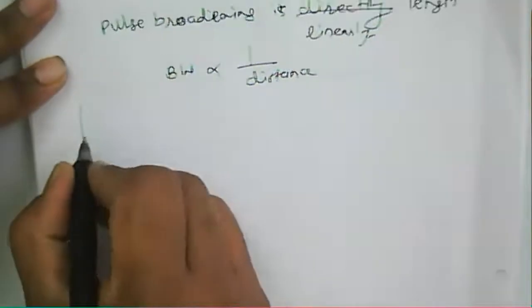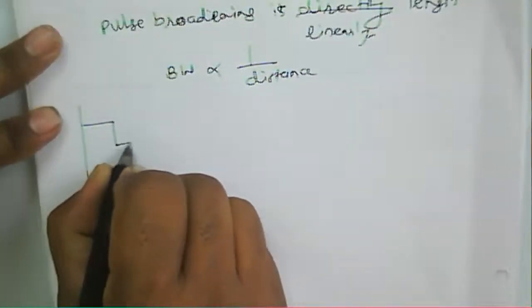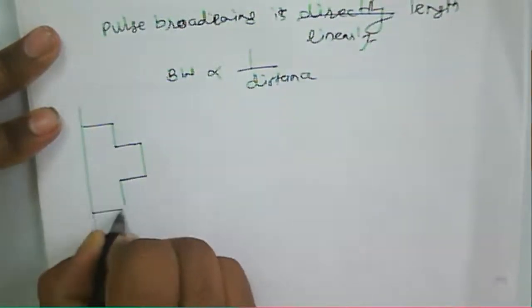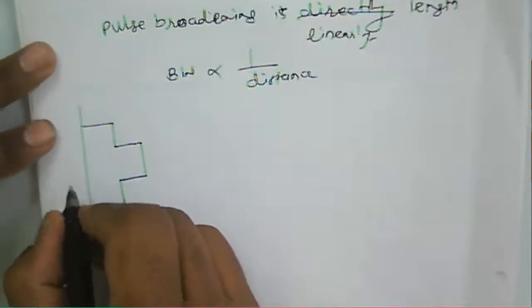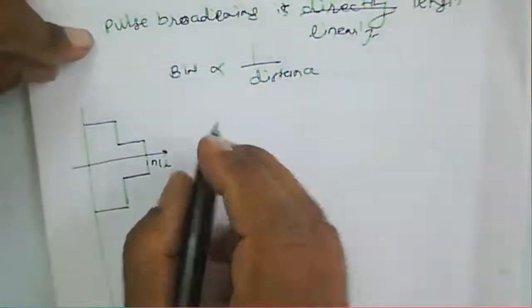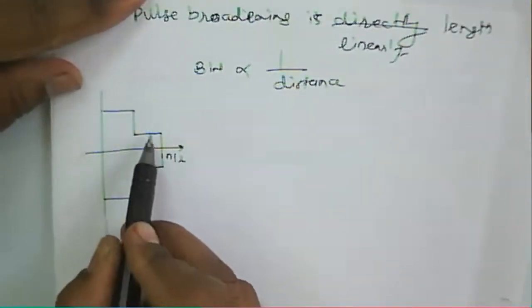For that we should know the refractive index structure of this particular fiber. This one is a step index fiber because the index changes abruptly.